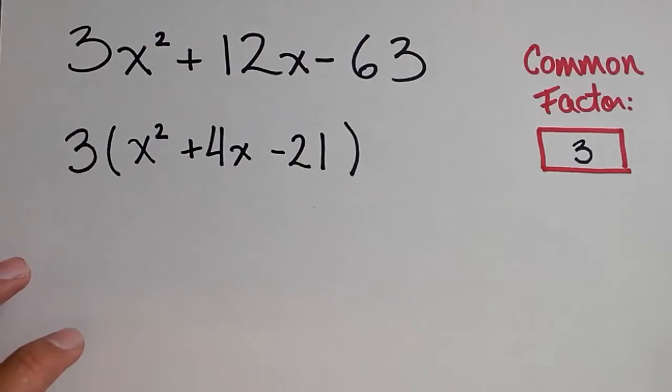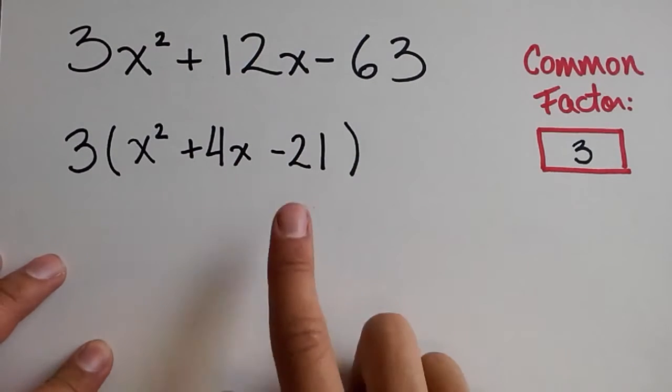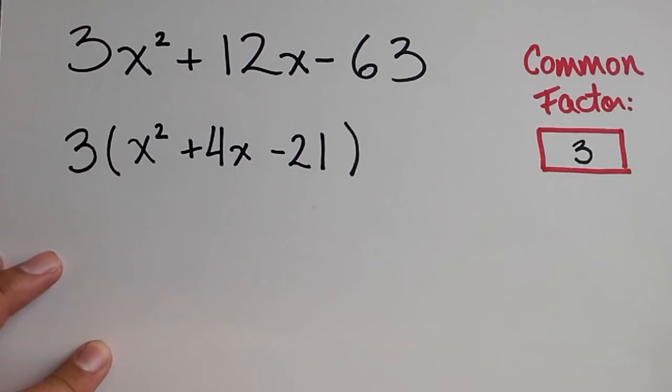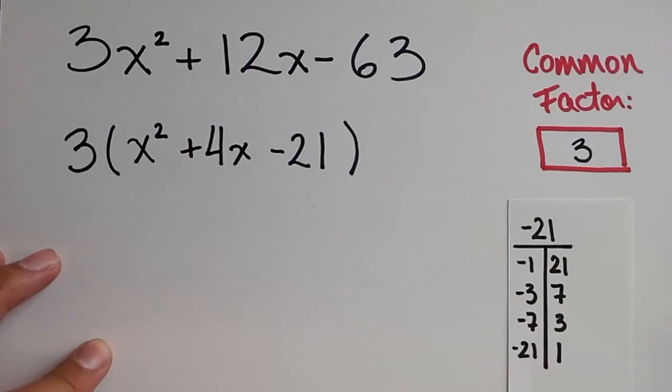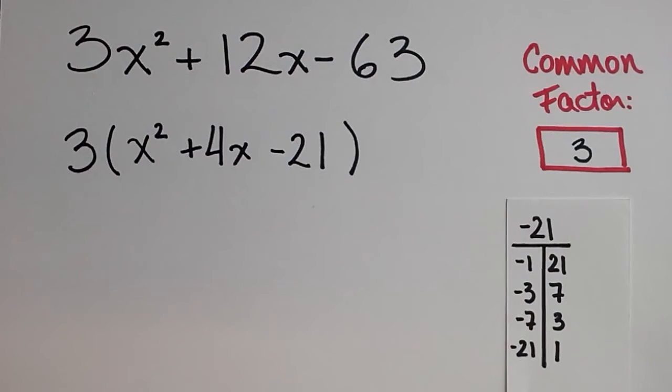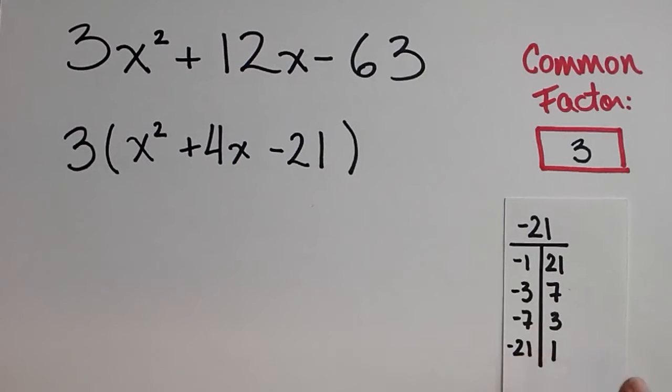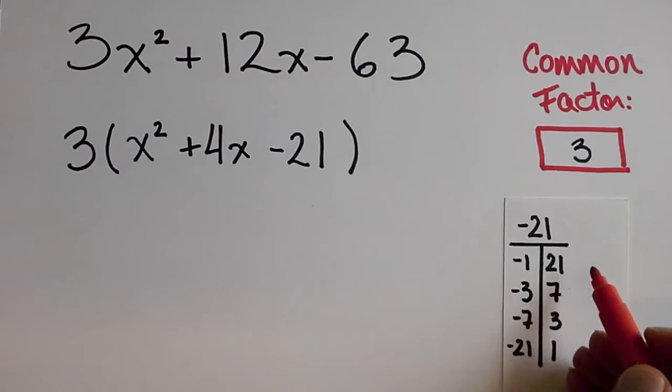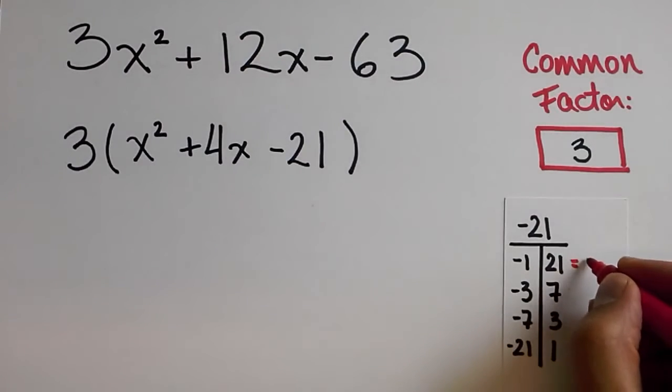Now, if you remember, we want to look out for the factors of negative 21. Here we have them. Negative 21 has 4 factors. Look that you have to include negative 1 and 21 just as you include negative 21 and 1. Now, remember we want to start checking what happens when I add them. When I add negative 1 and 21, I obtain 20.